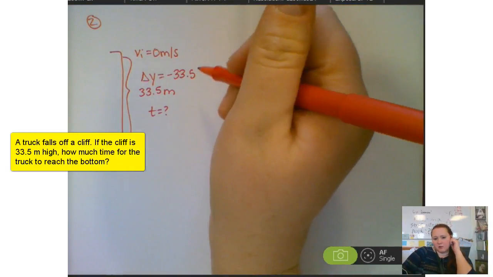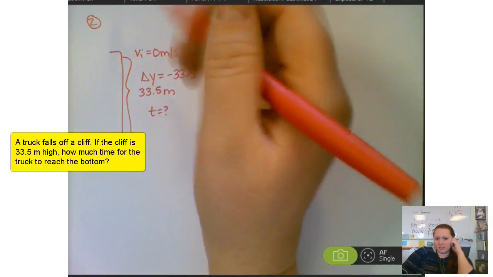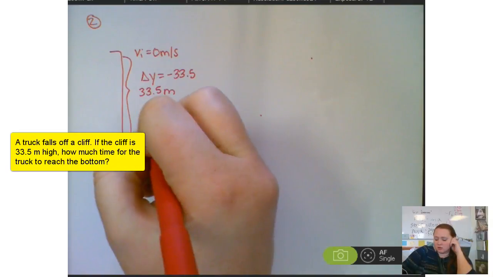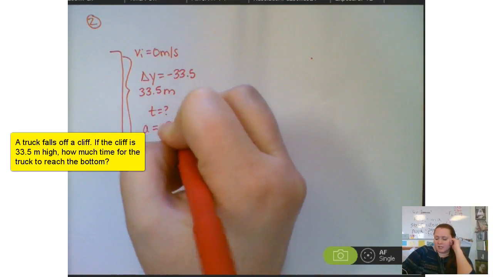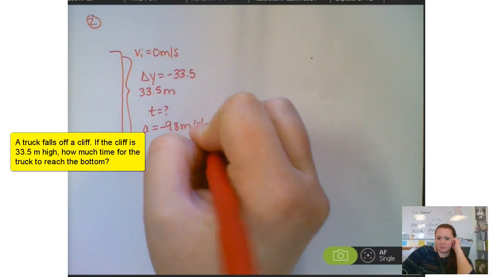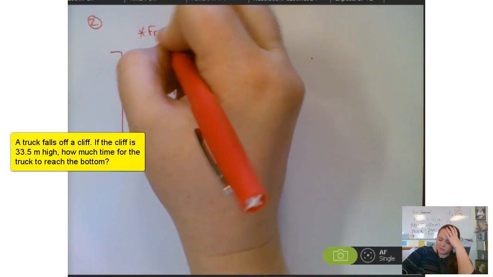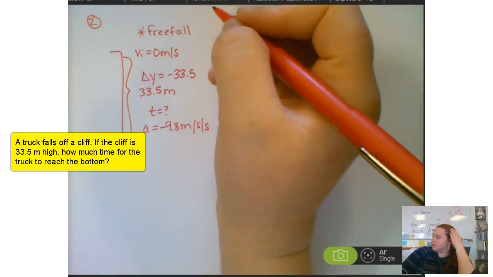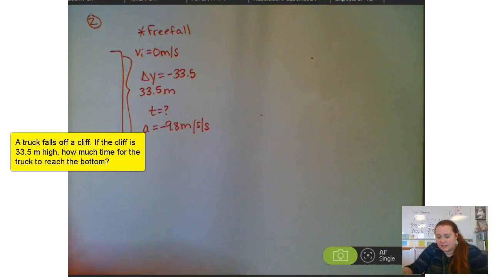And this is the hard part. Well, what's my acceleration? You say it's not listed, but I do know that my acceleration when anything is falling is going to be negative 9.8 meters per second per second. This is a free fall problem. And when something is in free fall, you automatically should write that your acceleration is negative 9.8.